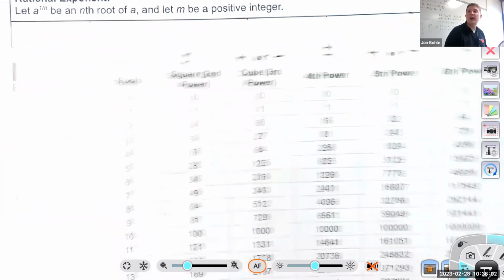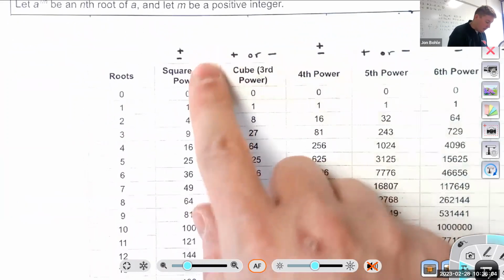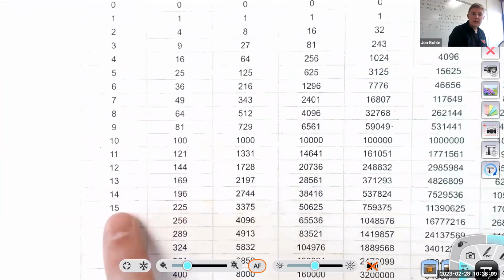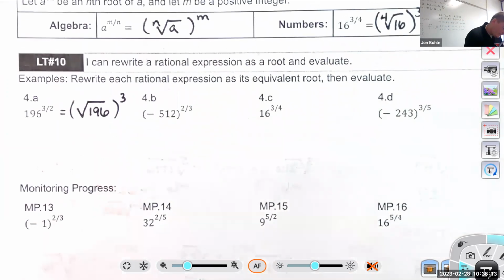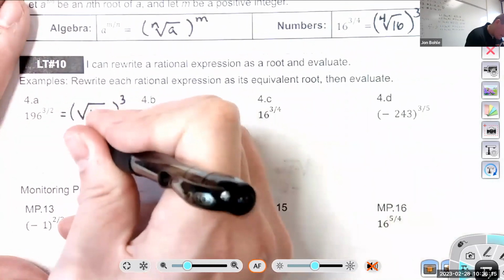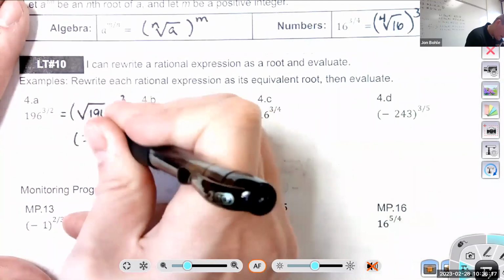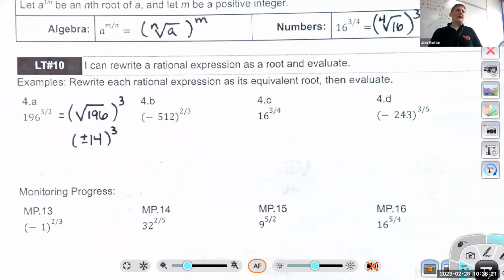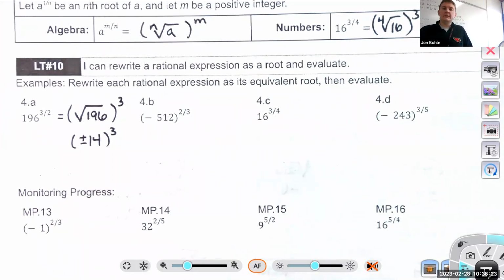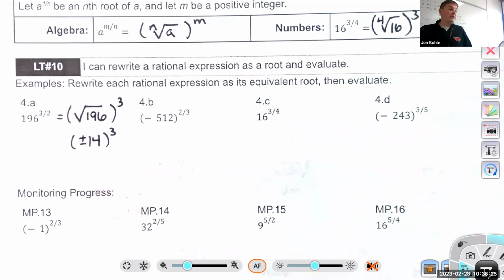So I'm going to take my table out, go down, find 196. And the root is 14. Anybody know why it's positive and negative 14? Even root.